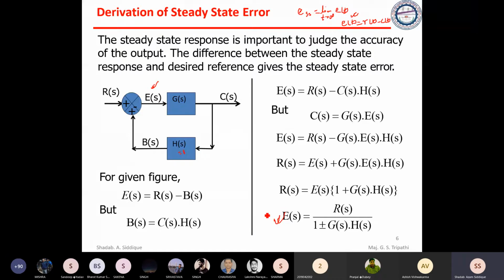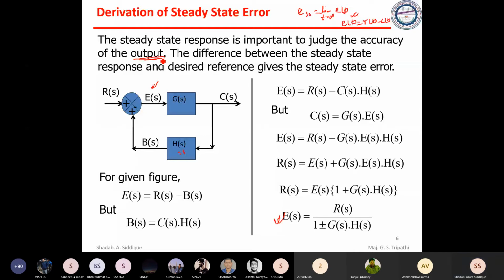So now we'll go through a small derivation of how the steady state error can be found. Steady state response is important to judge the accuracy of the output. It basically tells how accurate the output is.